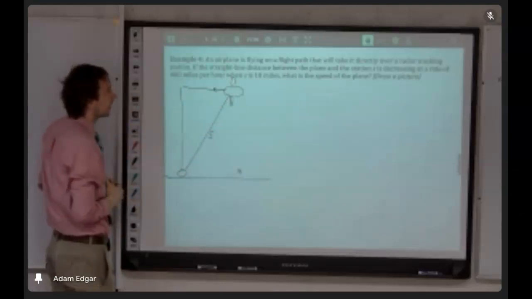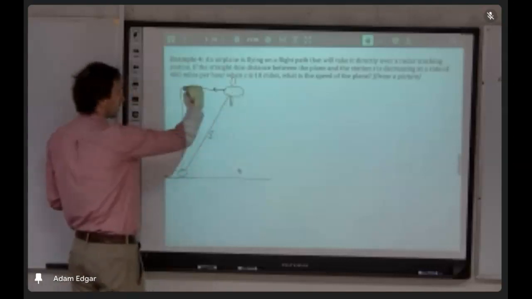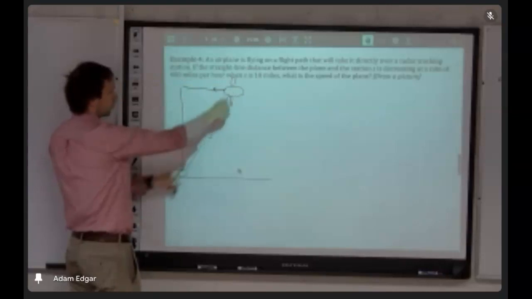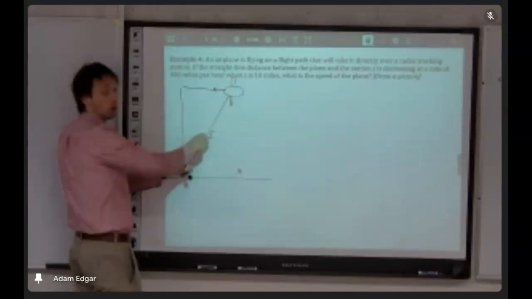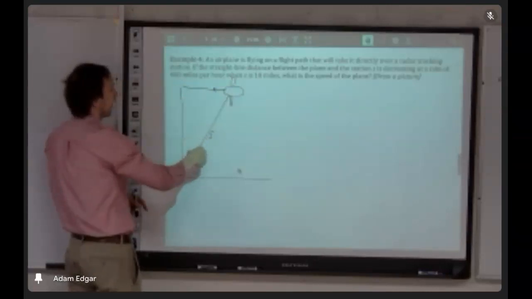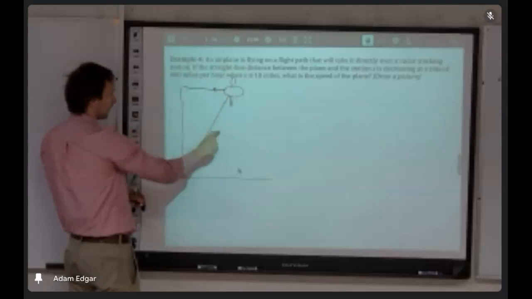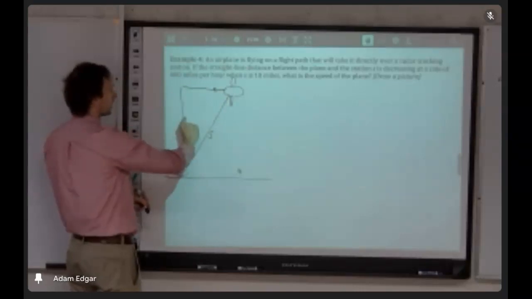So if the plane is moving this direction towards the tracking station, then S will be getting smaller, right? Because eventually, when the plane is right over top of here, S will be the vertical height, and that's going to be a smaller number than the hypotenuse, right?